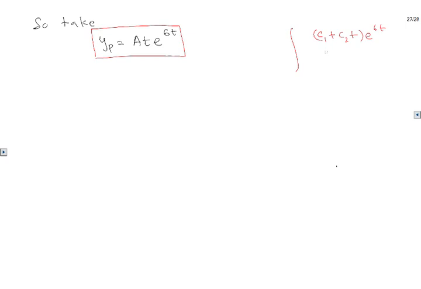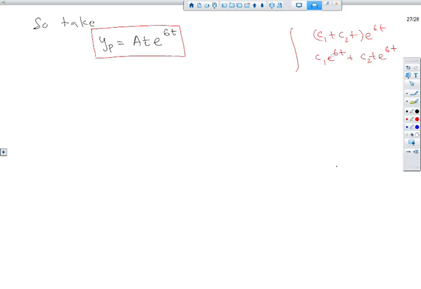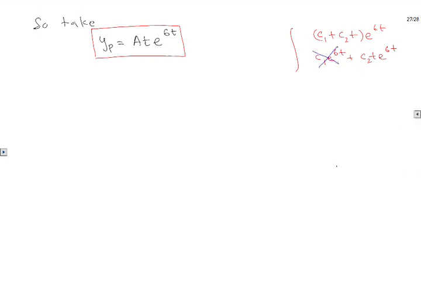The reason is, if you split this into c1 e to the 6t plus c2t e to the 6t, you can see that for whatever constant, the first term simply produces 0, because you know that e to the 6t is a solution. So that term is useless, and because of that we are not going to write it. We only write the second term, just the t term, because the other term simply goes away.